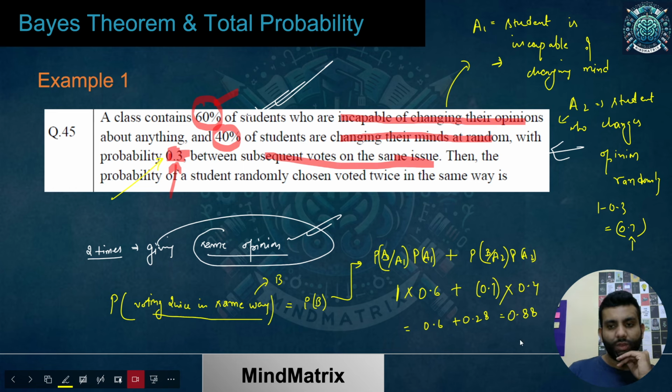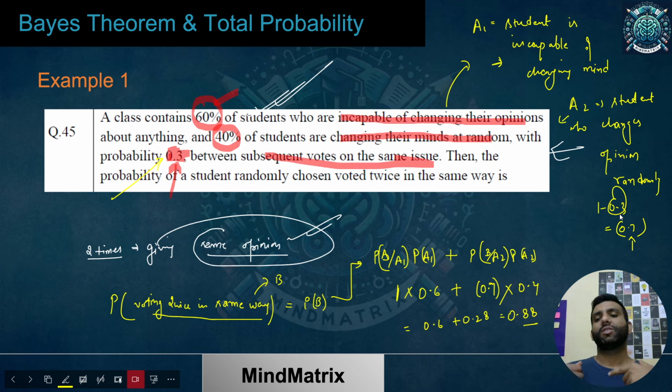Okay. So 0.7, what is this? The probability that the student will vote twice the same way given that the student could change the opinion. If he could change the opinion, then the probability would have been 0.3. But because he has voted twice the same way, it is the other side.